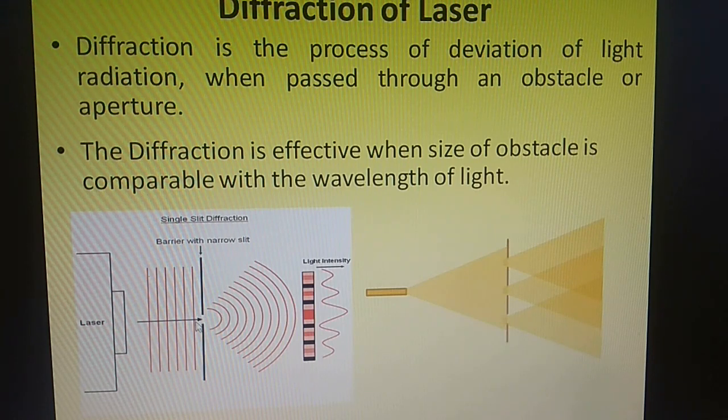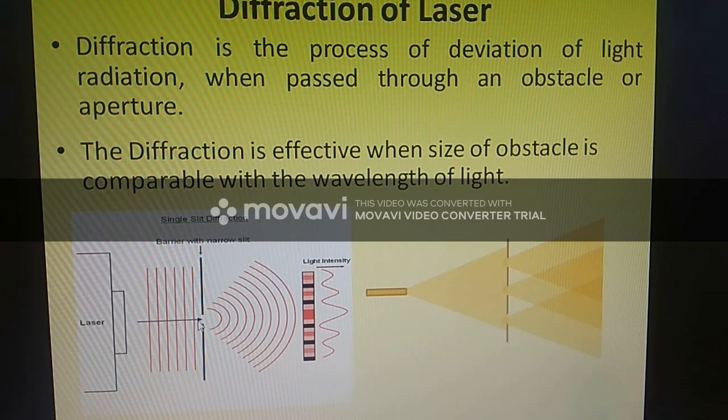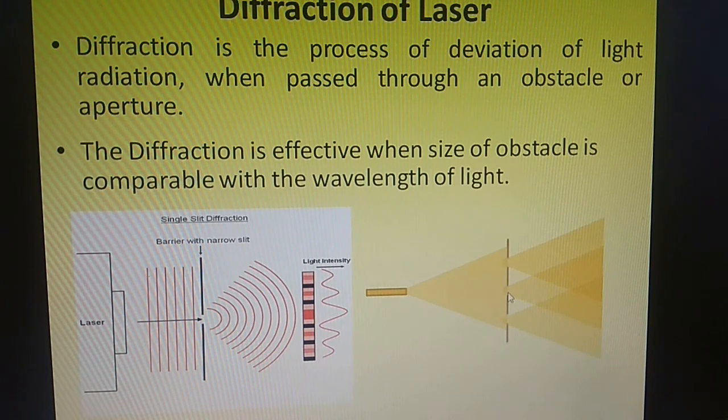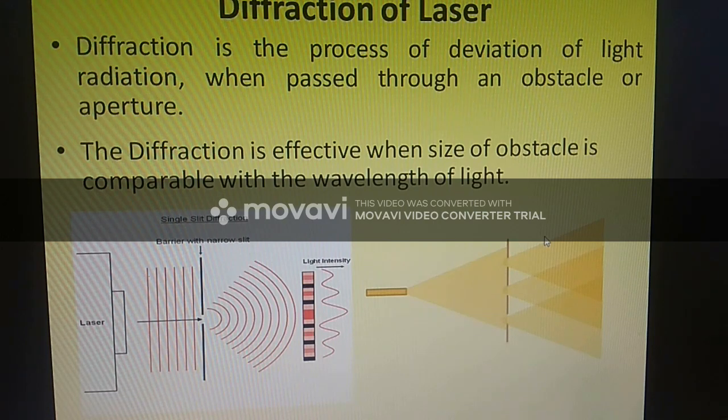Because there are a number of sources at small distance. They superpose together and create a fine pattern. Similarly, when a number of apertures are there, you see how diffraction takes place from each aperture and the light superposes together.